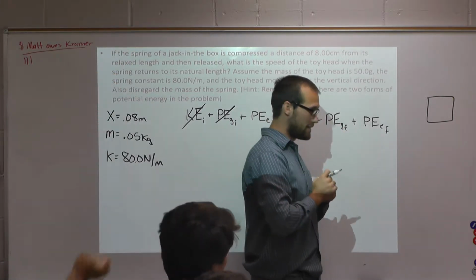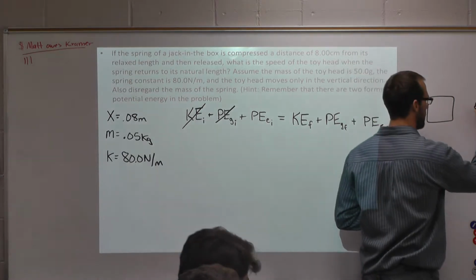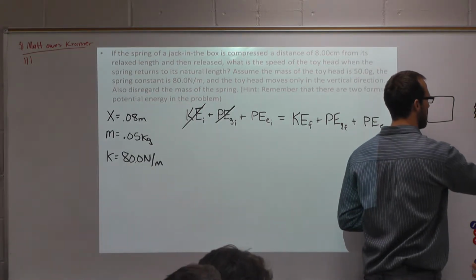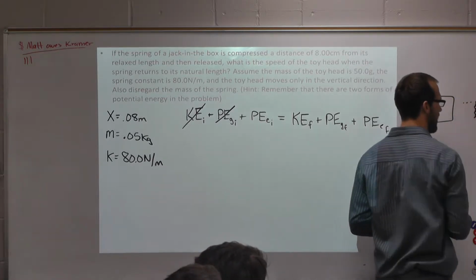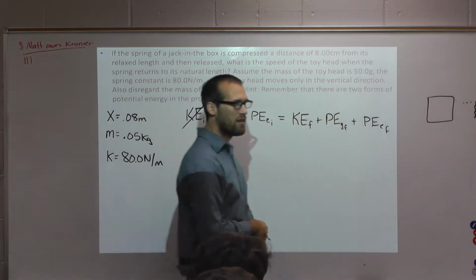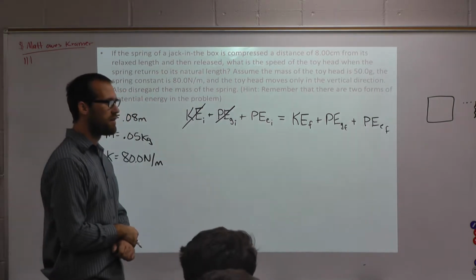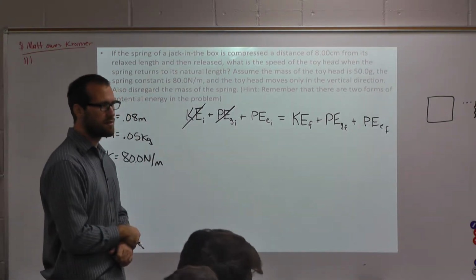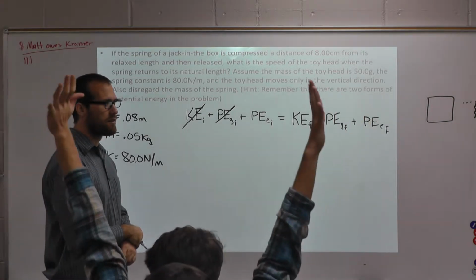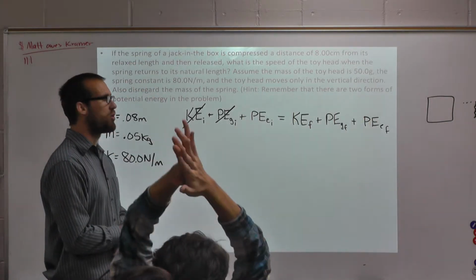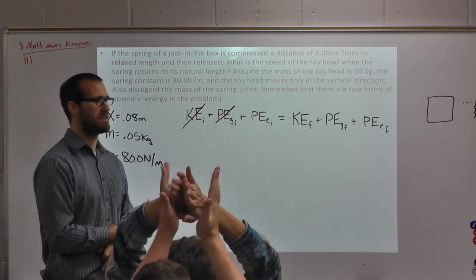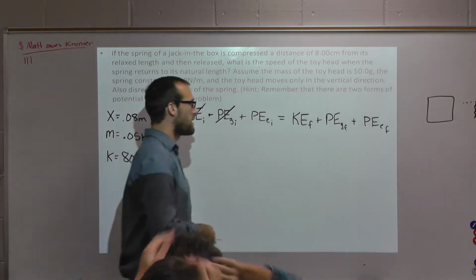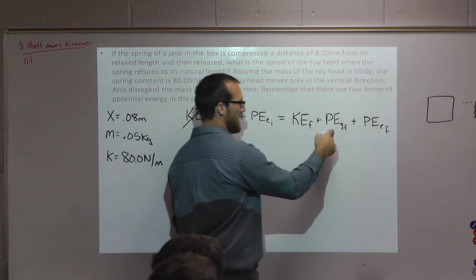If we have a compressed spring and then our relaxed spring, and this is our zero level, aren't we a height above zero level? We're worried about the head that is connected to the spring, not the box. So we have this, this, and this.